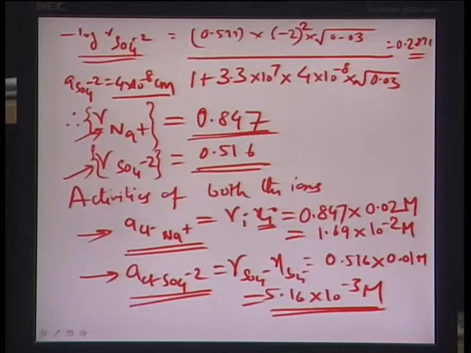Now, what I would be interested to look at here is that the activities of both are different. Therefore, Na plus is a more active ion than SO4 -2. In such situations, if there is a presence of both ions, Na plus and SO4 -2, there is a tendency of the electrode to be heavily interfered by the Na plus ion if you are detecting sulphate ions.